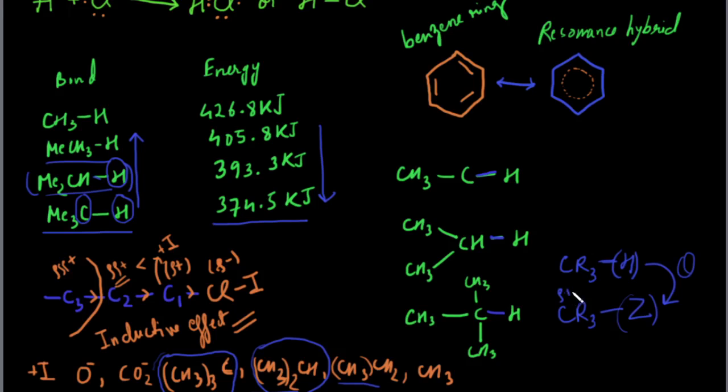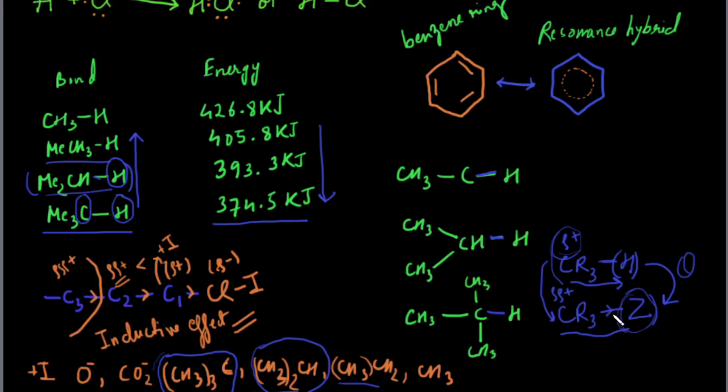So the electron density is del plus here, and this is del del plus. The electron density in this carbon atom attached to the H is greater than the carbon atom attached to Z, any group or any atom. Then Z is said to have a minus I effect.